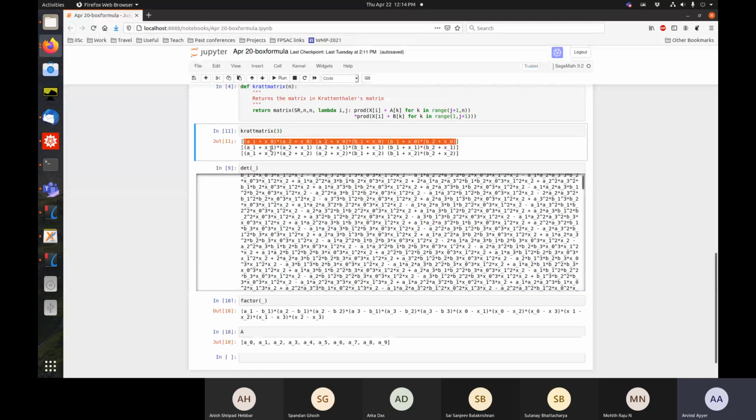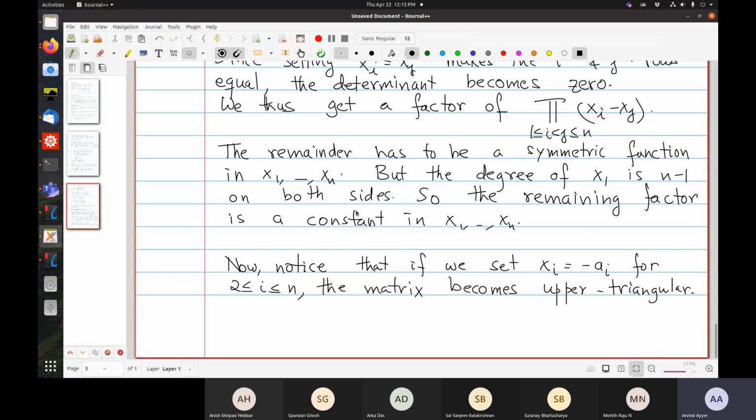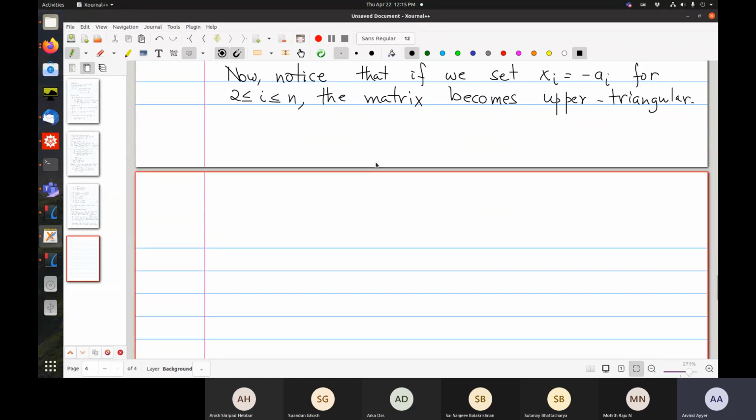If I set x1 equals minus a1, this term will cancel. x2 equals minus a2, this term will cancel, and so will this, and so on. None of the diagonal terms will cancel, because here we only have a starting at a i plus 1. So the diagonal terms will not cancel, and neither will the upper triangular terms. So you will get an upper triangular matrix with non-zero entries on the diagonal. So its determinant is non-trivial.